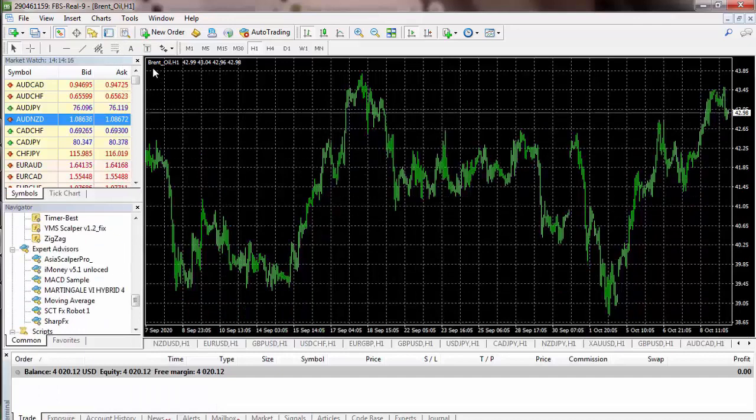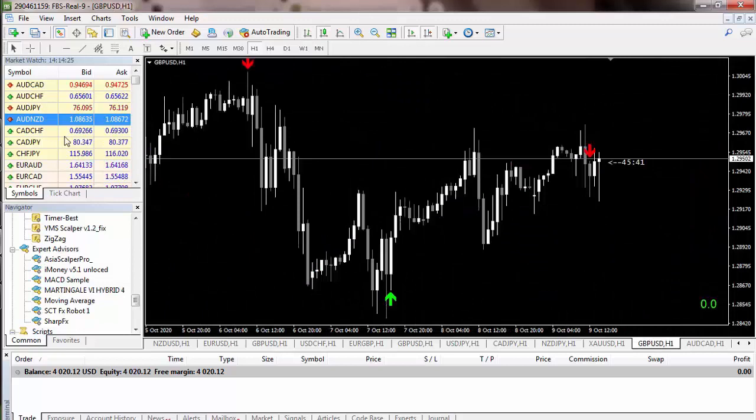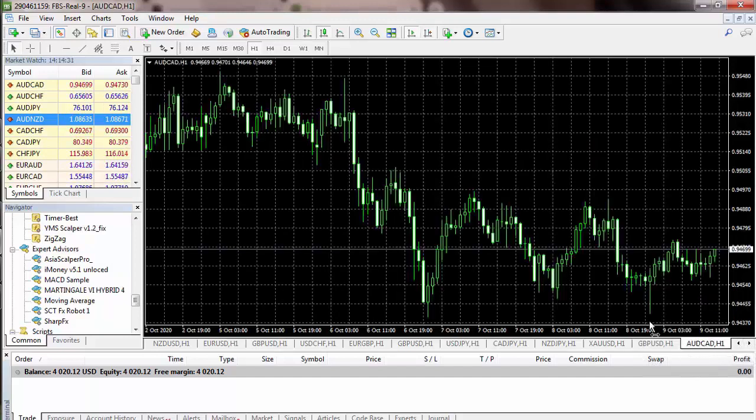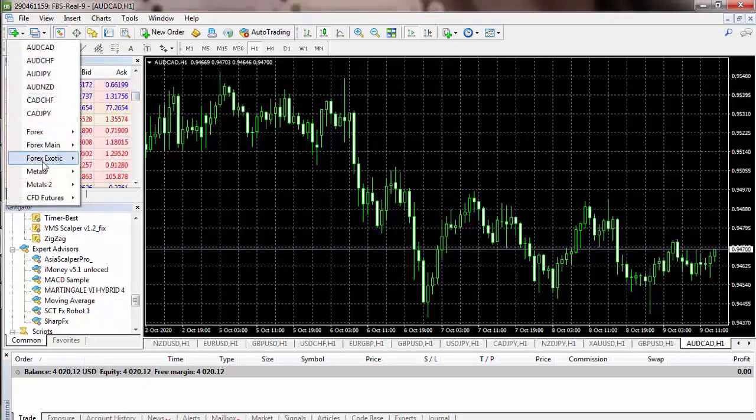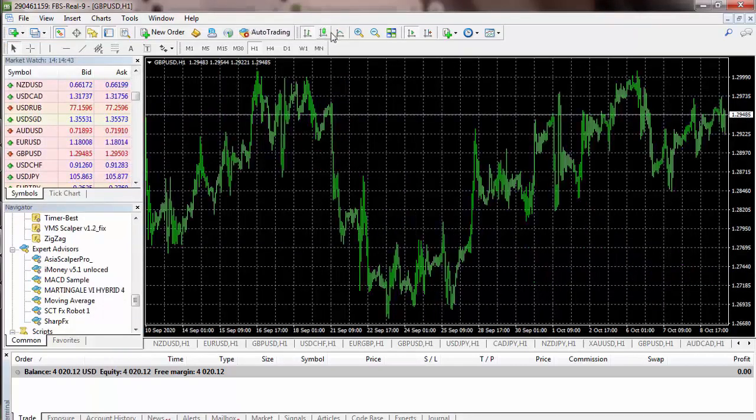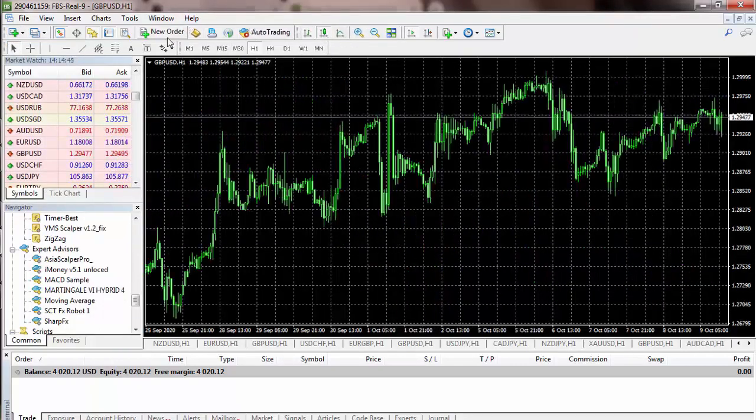Then when you want to place a trade, you come down here. Let me say I have GBP USD here, or let me look for the pair. It will be easy for me to just come down here. I know they are always there. So now let's say I want to place a trade. This is where we are.